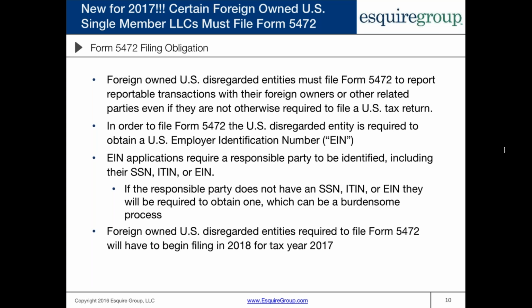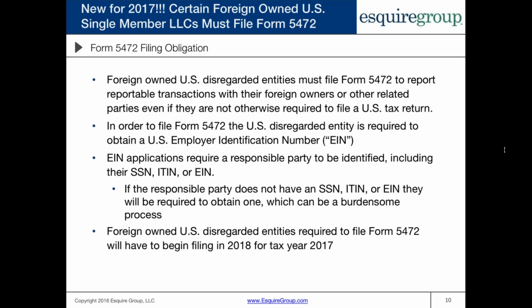The responsible party is going to have to also disclose their social security number, their individual taxpayer identification number, or EIN in case the responsible party is an entity, which really only applies in the case of U.S. disregarded entity single-member LLCs being owned by publicly traded companies.